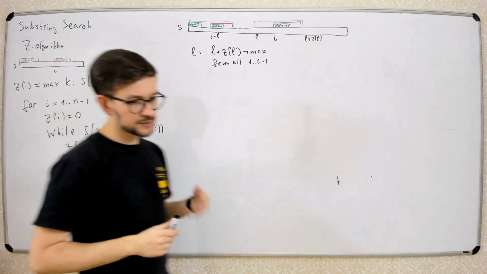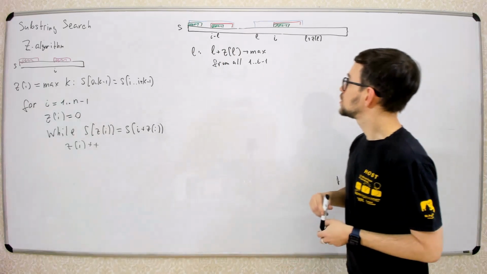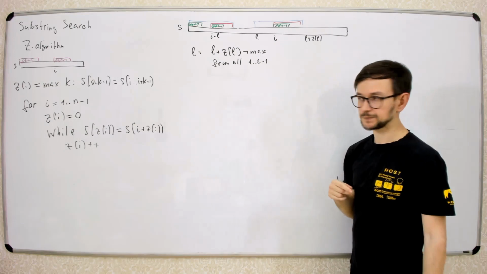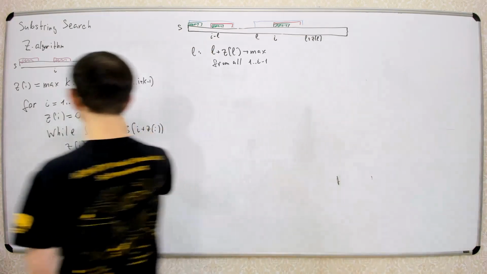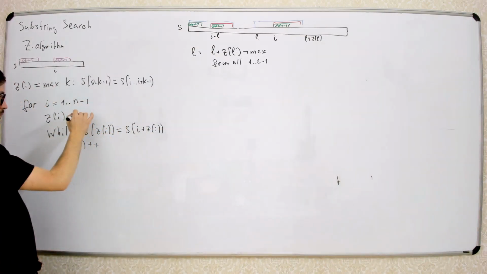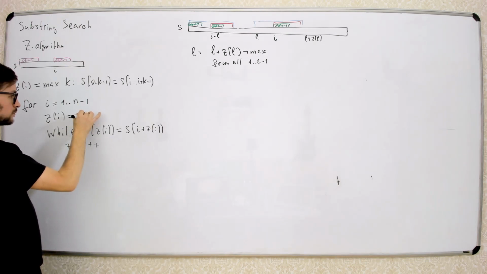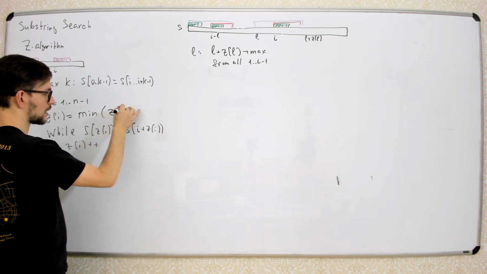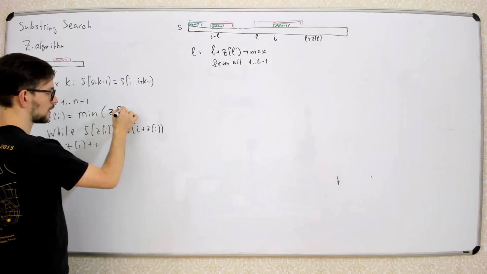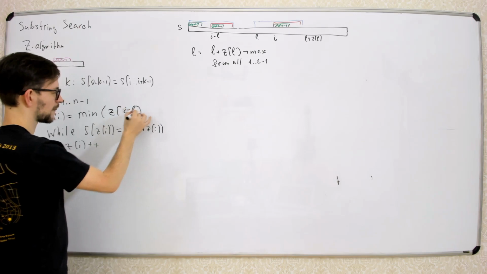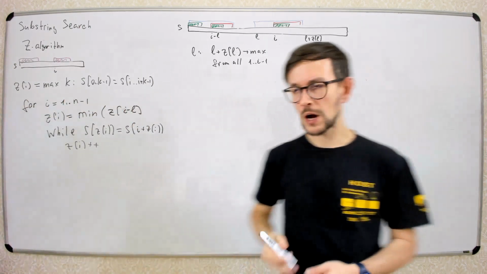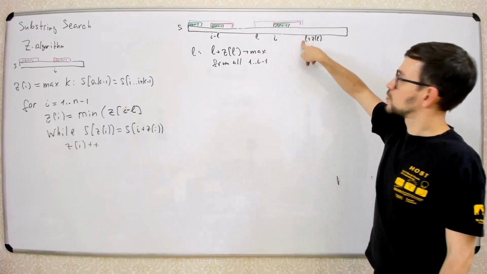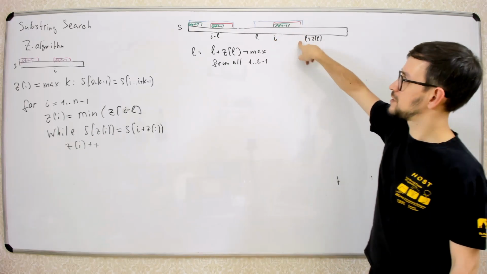So how many characters can I skip? I want to skip at most Z of I minus L characters. At most Z of I minus L. And also I want to skip at most the size of this red thing, because when I reach the end of this blue string, I have the different characters.